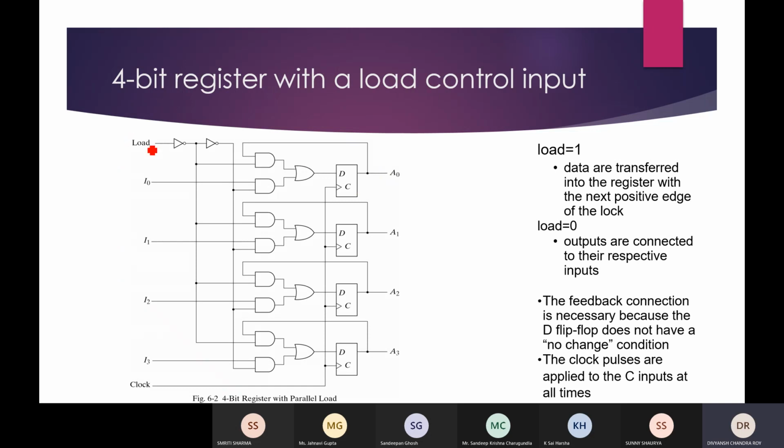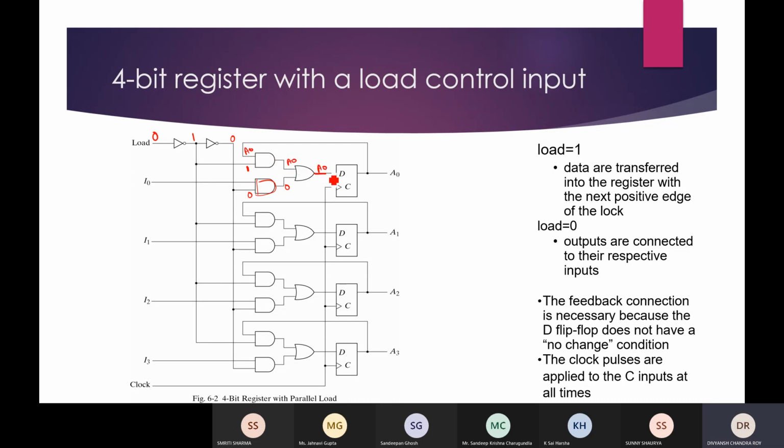Here if you see my load input, if my load input is 0, then here it will be 1, and here it will be 1, and here it will be 0. So the output of this AND gate will be 0, and the input to this D flip-flop will be A0 AND 1, which means A0.